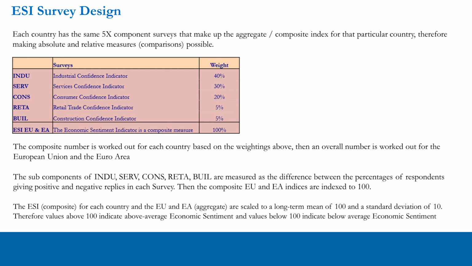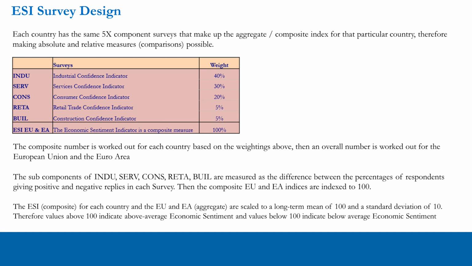We have the services confidence indicator, which comes in at 30%. So basically, these are like the equivalent in the US to the ISM manufacturing survey and the ISM non-manufacturing or services survey. We also have the equivalent in Europe of our UMCSI, our consumer sentiment index.